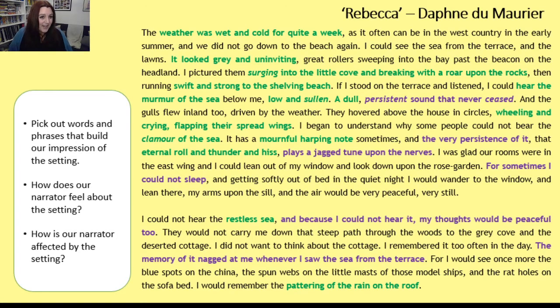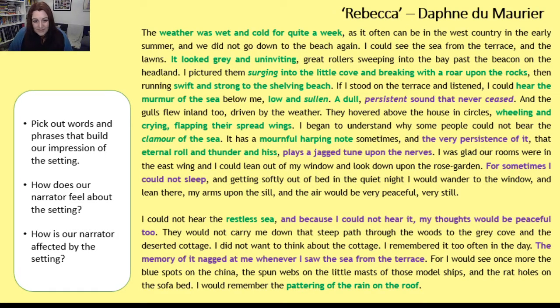That suggests to me that when the narrator can hear the sea, they have thoughts that aren't peaceful, that are troubling, and therefore their mood is directly affected by the sea and nature and the setting. And so here we are looking at the third bullet point about how the narrator is affected by the setting.